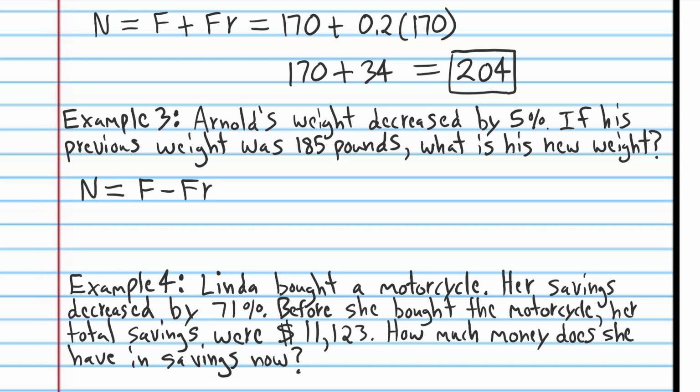All right, we're back. So the first number is 185 pounds. And then we're going to subtract 5% of 185 pounds. So 0.05 times 185 is equal to 9.25.